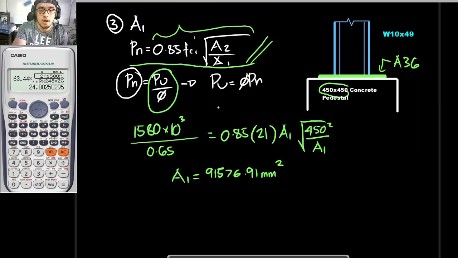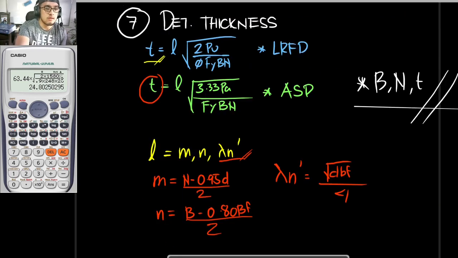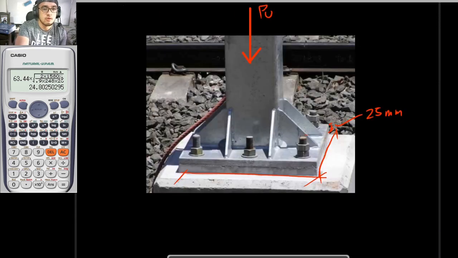So, para may sulat lang natin. 285 and 325. So dito 325 and 285. So okay, that pretty much sums up our lesson for today.